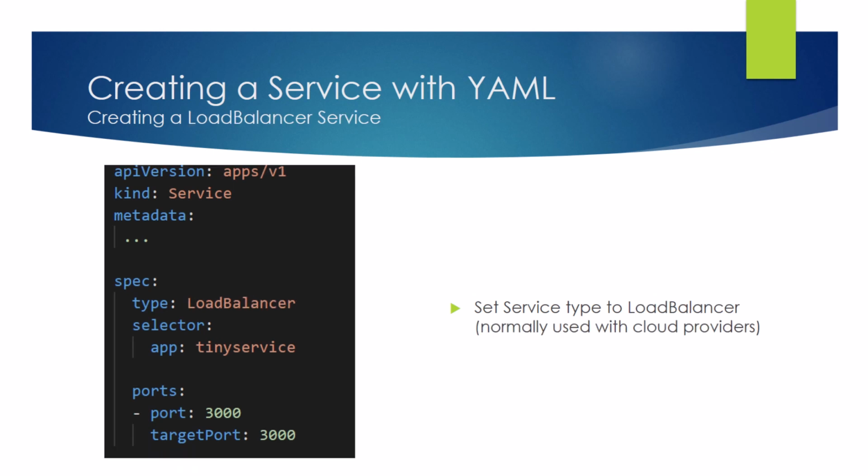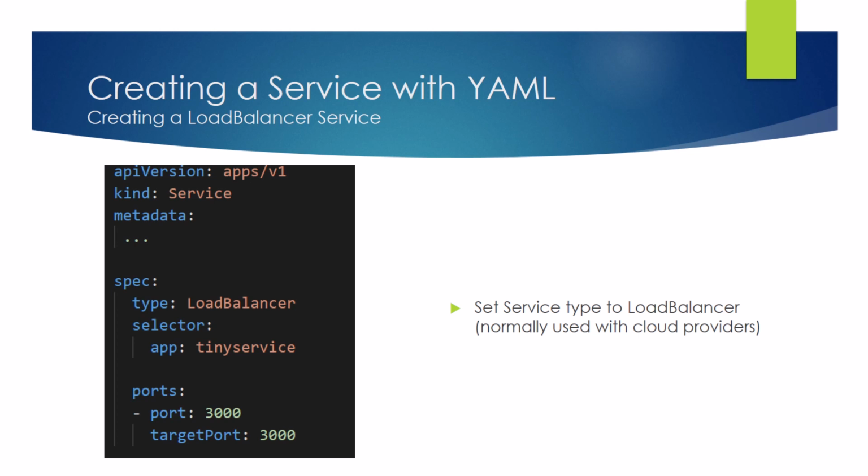Now the next type of example is for a load balancer. It's going to be the same thing, except in this case we have type LoadBalancer, we have our selector, and then the port that you see. This would be the external port, so it would be, for instance, localhost 3000, and then the target port of what this is actually going to call into.